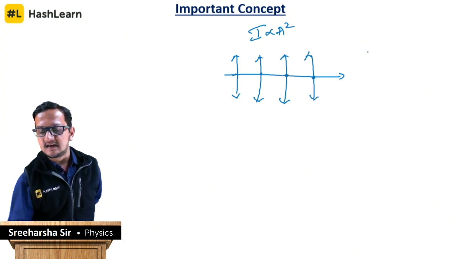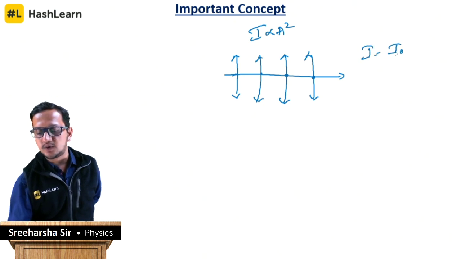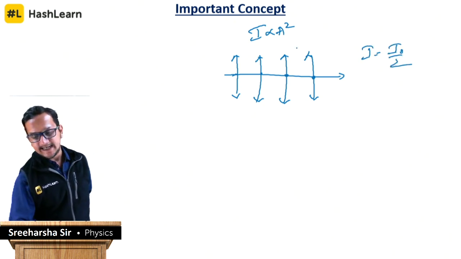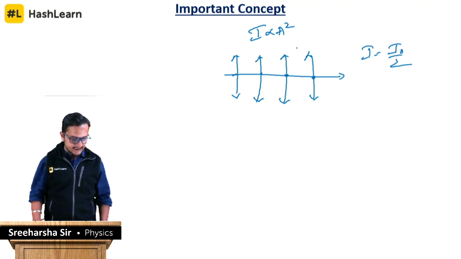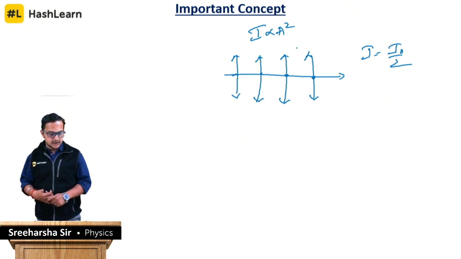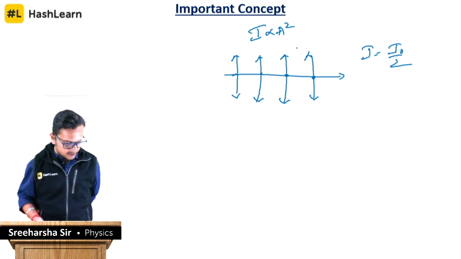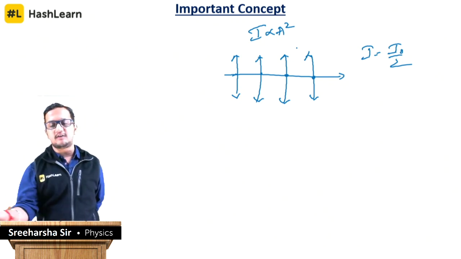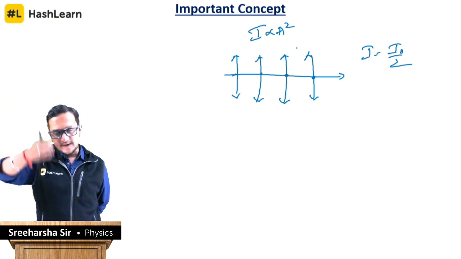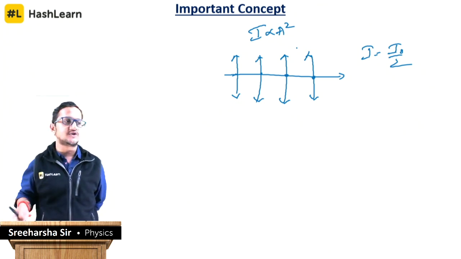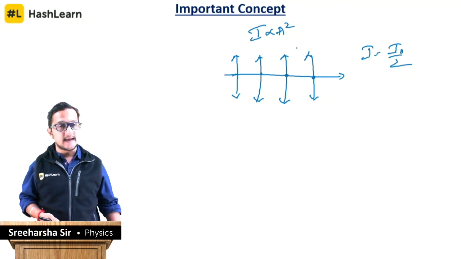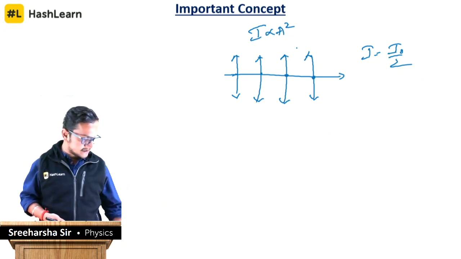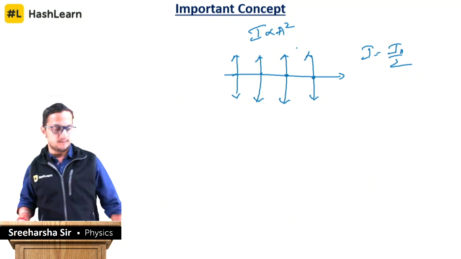So the intensity gets reduced by 2, where I naught is the initial intensity. This is called the plane of polarization, and this is called the plane of transmission. Wherever the electric fields are present is called the plane of transmission, and whichever has got blocked is called the plane of polarization. This is something which you have to know.